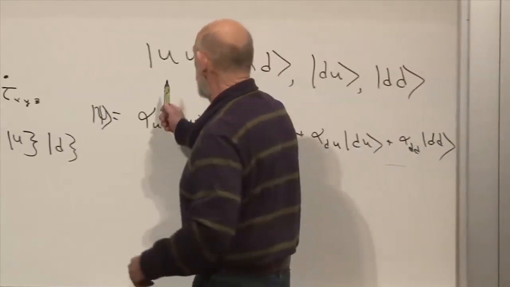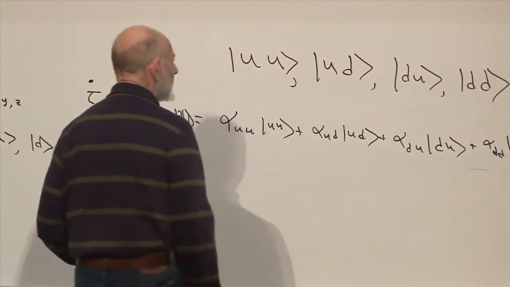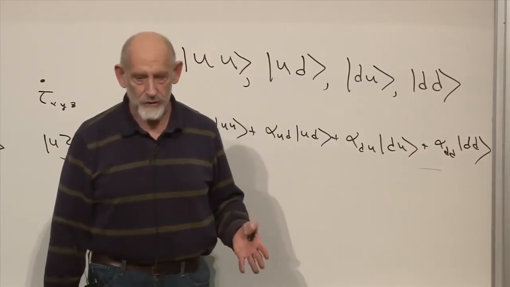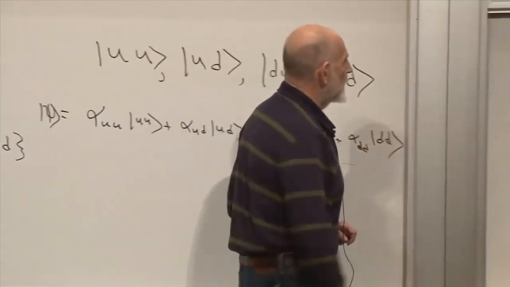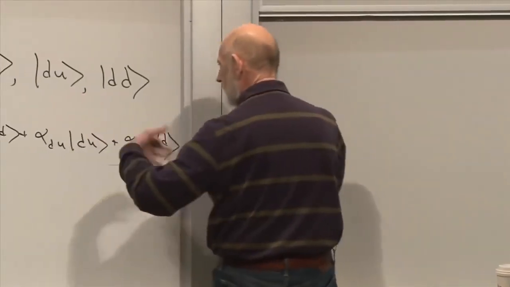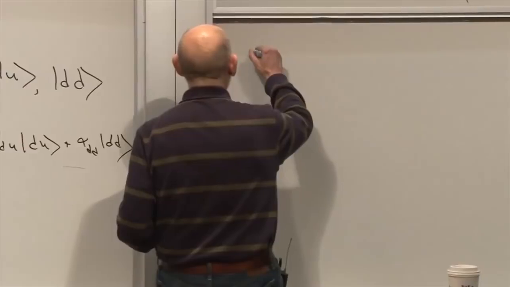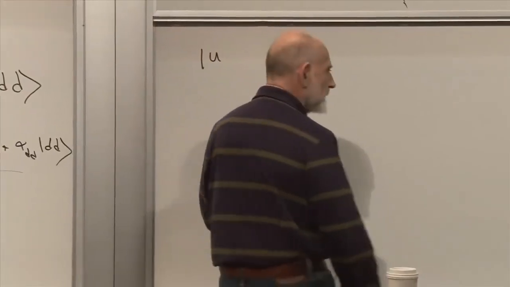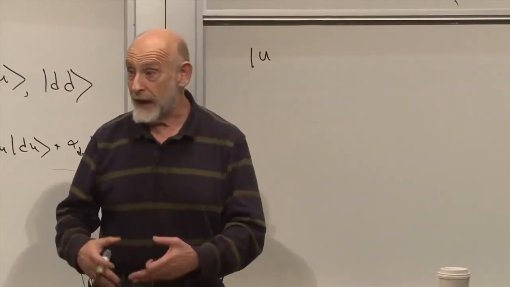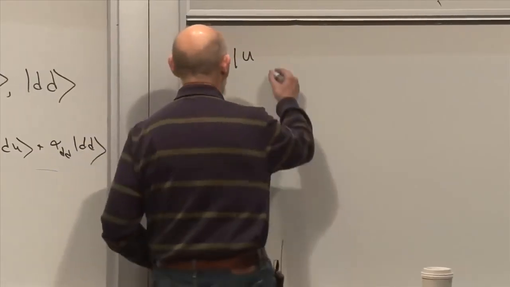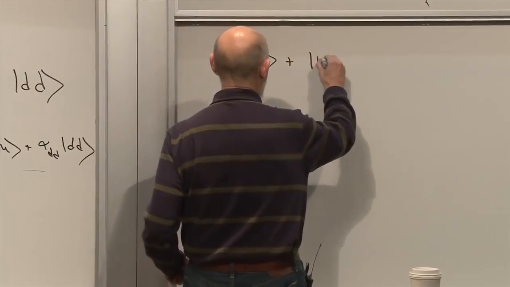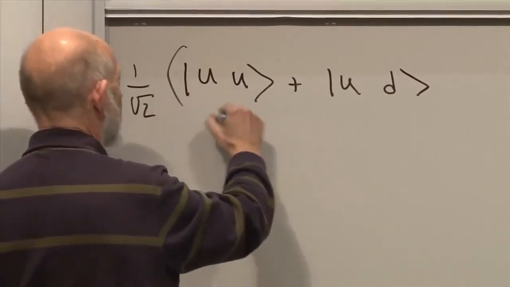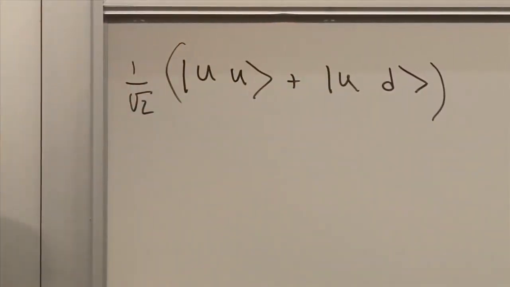So that means that sigma was up, but tau was right. How do we make a state which is... So the answer is this. I'll tell you what you do, but then we'll eventually have a mathematics to this. Sigma is definitely up, but tau is a linear superposition of up with down. Easy. You just take up, up, plus up, down, times 1 over square root of 2. You can think of this another way.